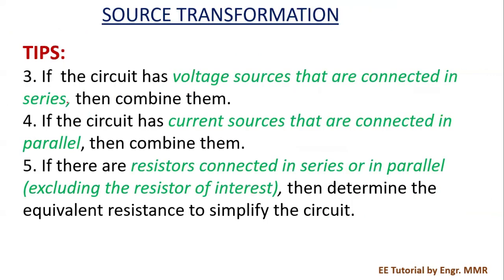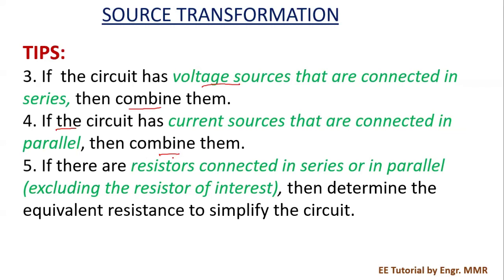Third, if we see in the circuit that there are voltage sources connected in series, then let's combine them and add them algebraically. Also, if we see current sources that are connected in parallel, then let's combine them and add them algebraically.